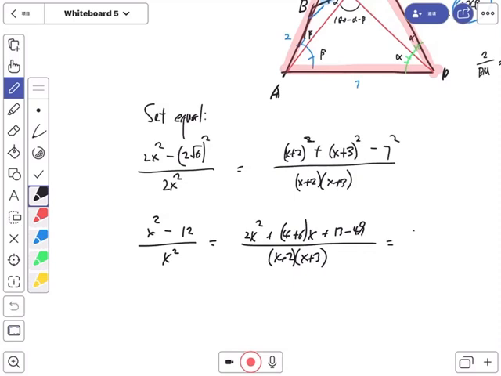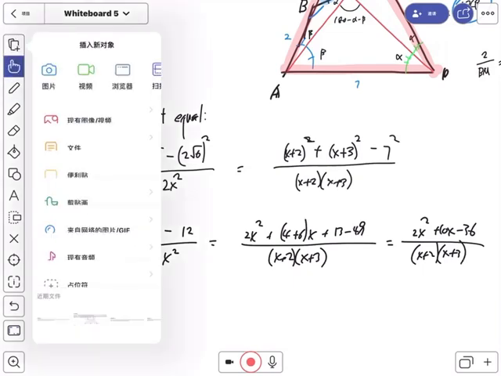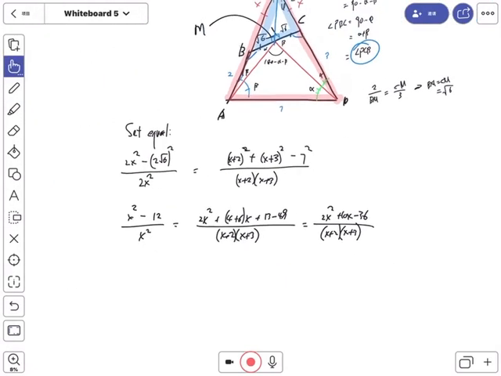So this one is just equal to 2x squared plus 10x minus 36, the entire thing over x plus 2 times x plus 3. Now, this still seems like a lot because we probably are going to have a quartic.